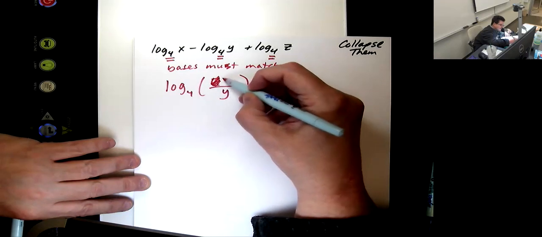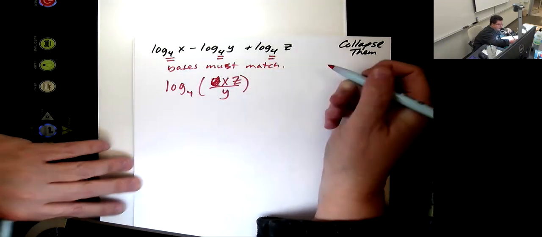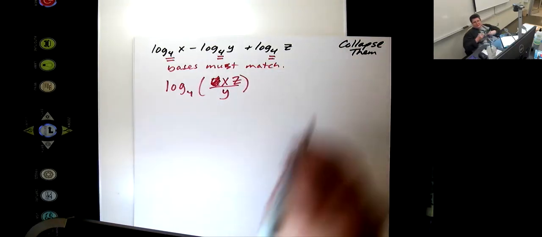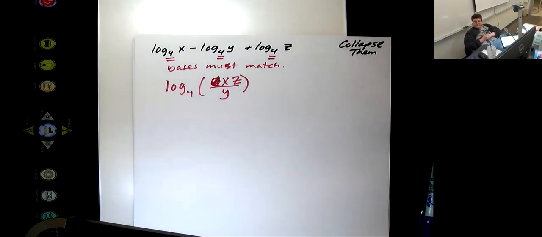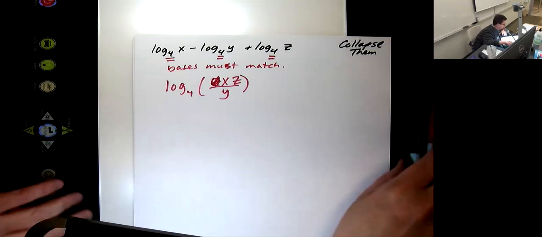That was an x. The z comes down. Z is positive, so it'll be on top. It would be xz, not x plus z. Correct. Multiplication on the inside, addition on the outside. It's tricky, huh? You just have to do a few and you get used to it.